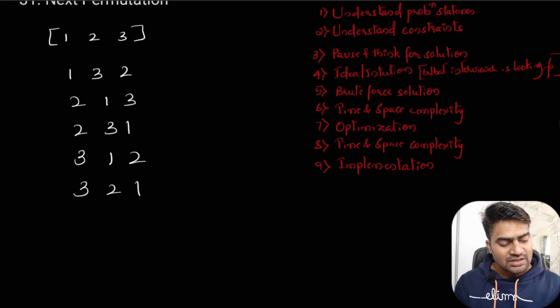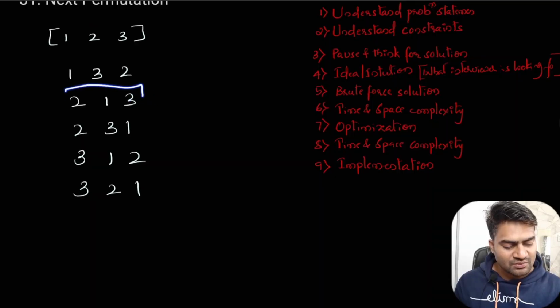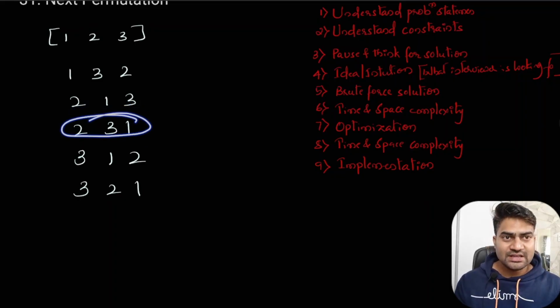So these are all the possible combinations. Now what this problem states is, they will give any one combination, maybe 2, 1, 3, and then they will ask for the next possible permutation. So if they give 2, 1, 3, then 2, 3, 1 will be the next permutation.